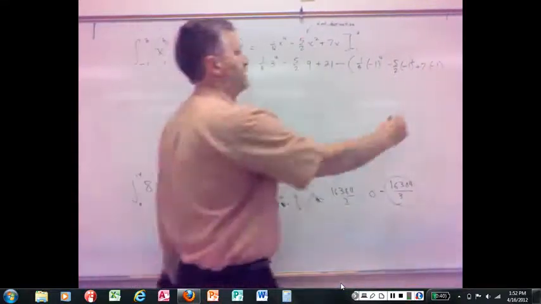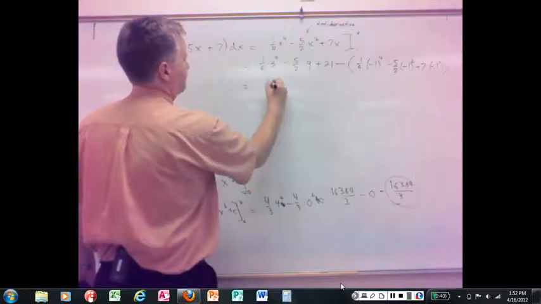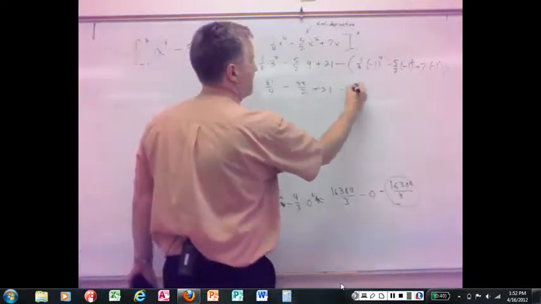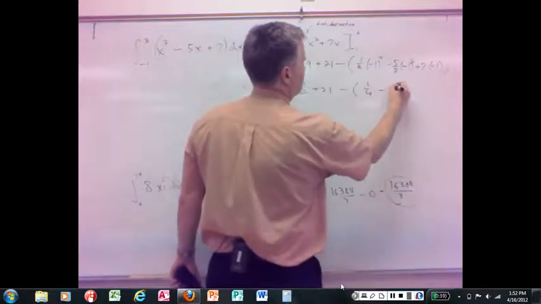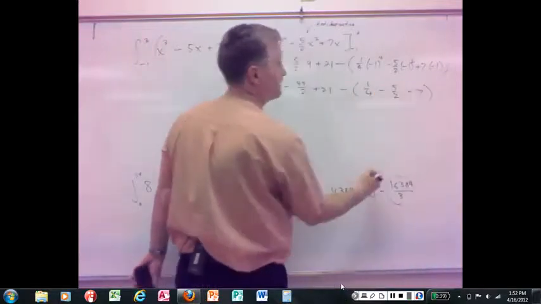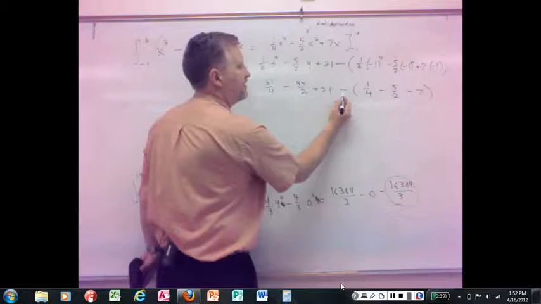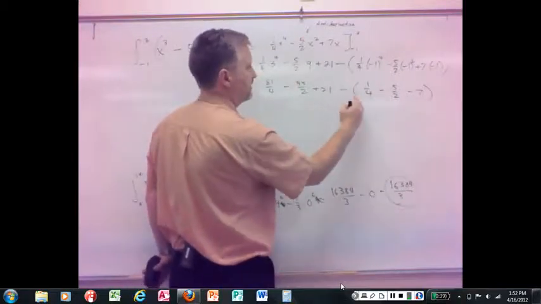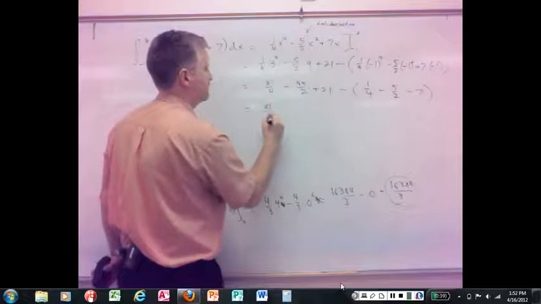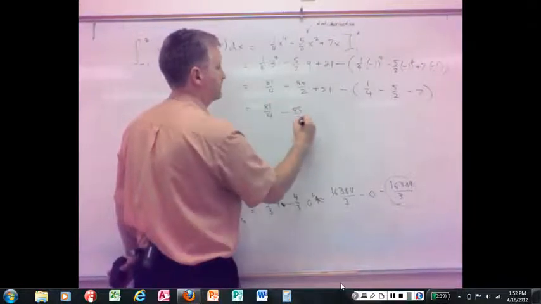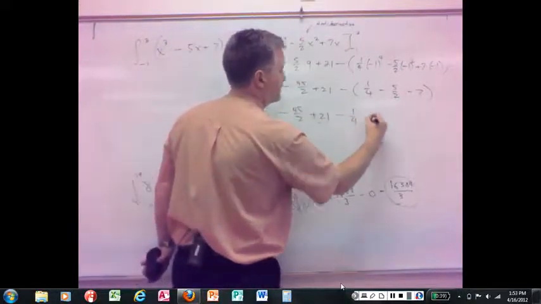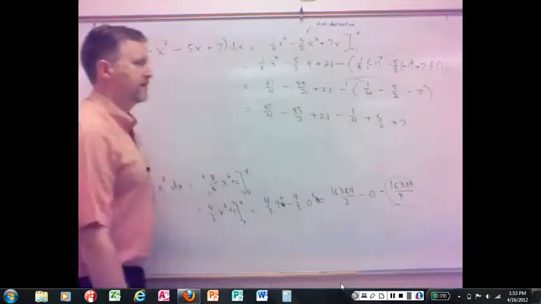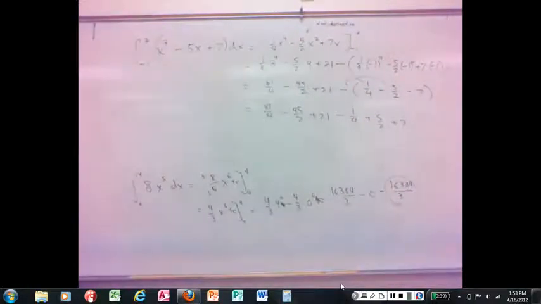But with all those being behind the minus, that'd be 81/4 minus 45 halves plus 21 minus, that would be 1/4 minus 5 halves minus 7. So there are different ways, but if we just keep those signs, yeah, all those signs change because you've got to distribute the minus.